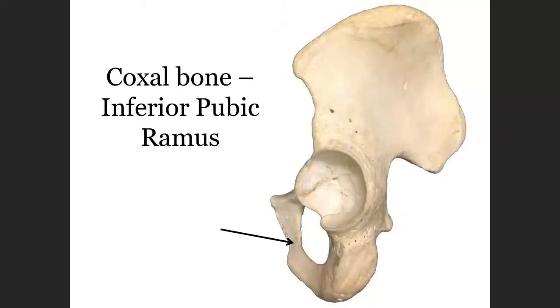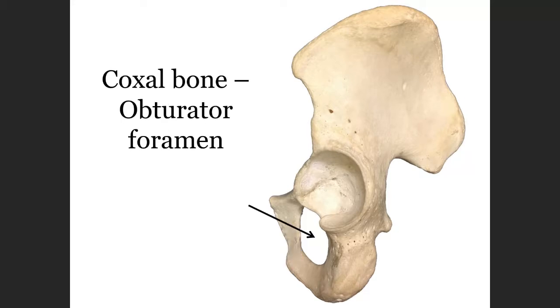I'll show you in a second. All right, here you can see it a little bit better. So that's going to be the inferior pubic ramus. All right, there's your obturator foramen.